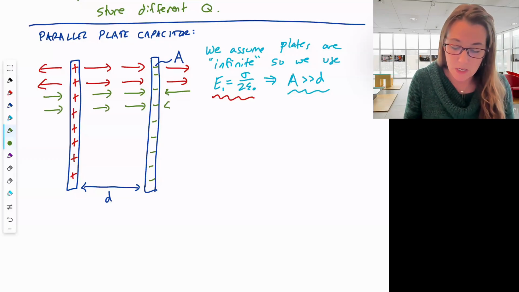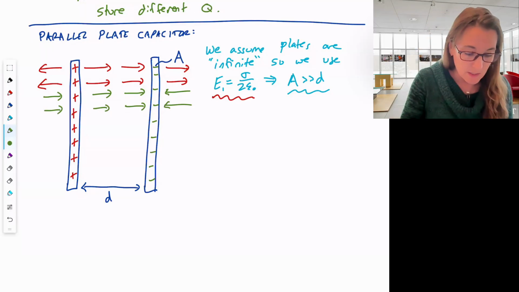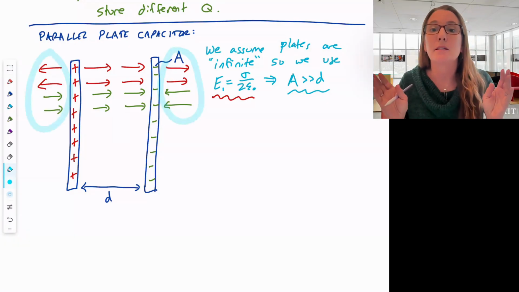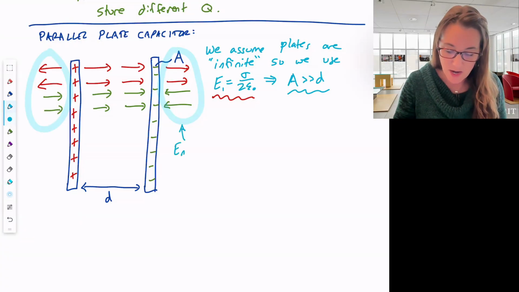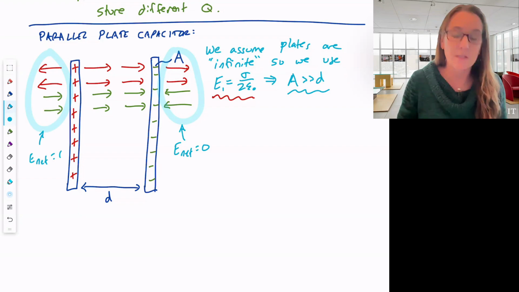We can see then in this scenario that outside of the capacitor plates, the net electric field is 0. So E net equals 0 outside of these plates.